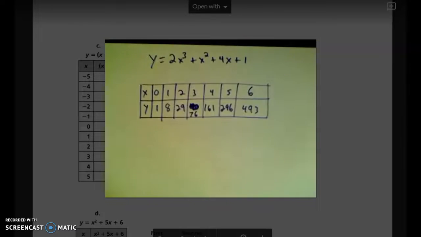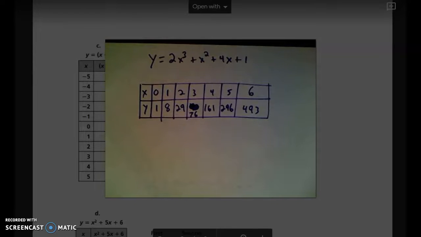All right, so the extension relates to how in a linear equation, the first difference is always the same. In a quadratic equation, it's the second difference because of the power of 2.